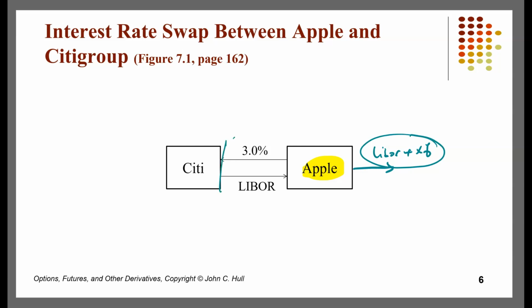So they enter into a swap agreement with Citi where they're paying a fixed rate and they're receiving a variable rate. That variable rate offsets what they have to pay here, and so that converts the loan to a fixed rate, which is equal to the 3% plus whatever it is that they have to pay here. So that is the example for a swap between Citi and Apple.